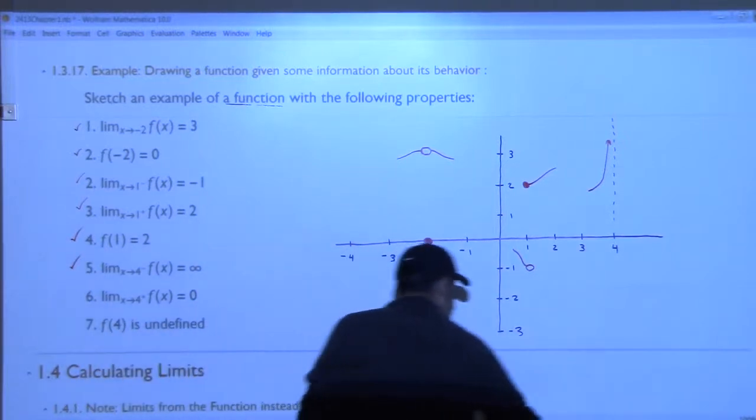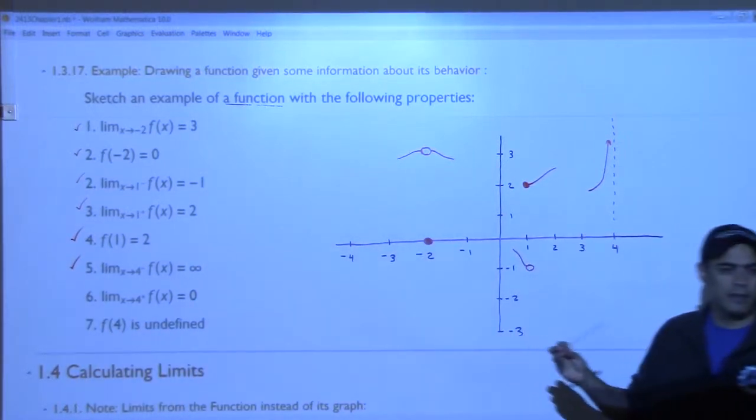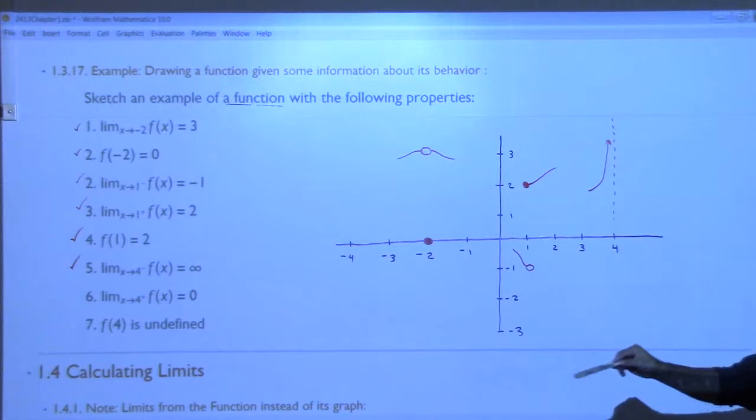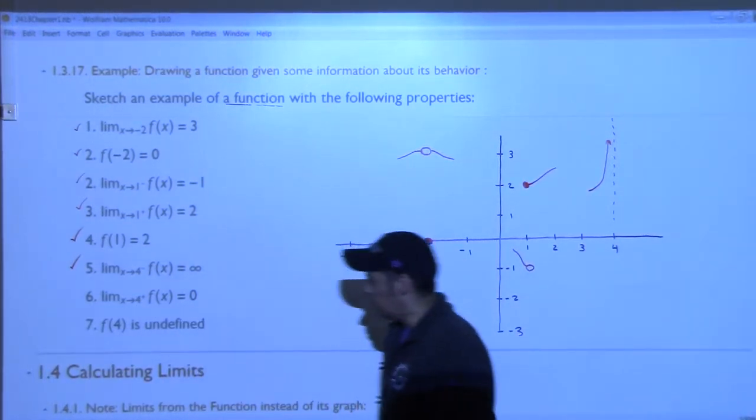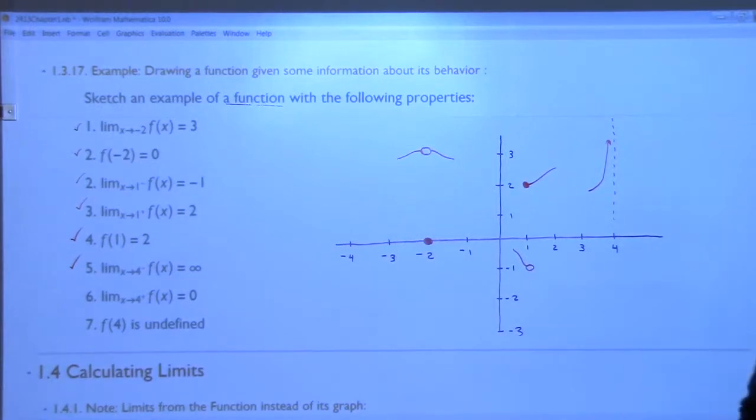How about Juan? Where's Juan? You've got the next one. So kind of in words, tell me what I'm doing here. Okay, the function's approaching 0. What am I approaching on the x-axis? 4 from which side? From the right. Okay, so here's 4, right?